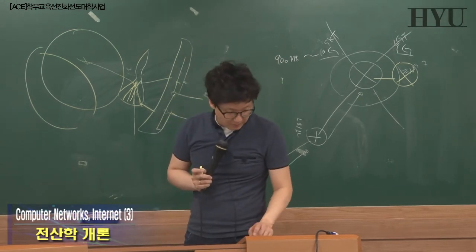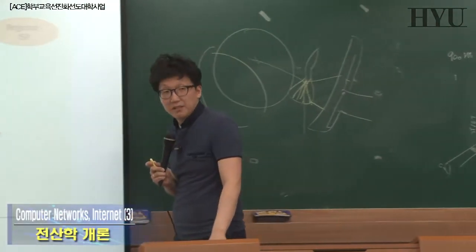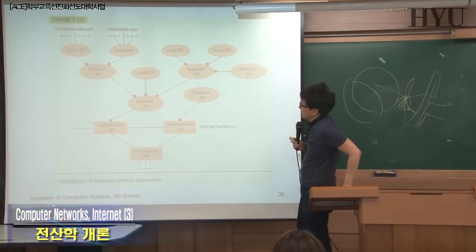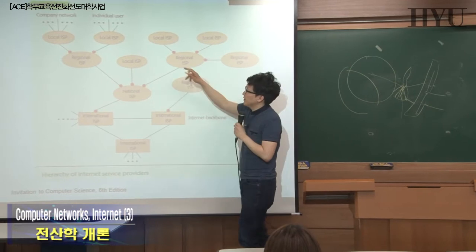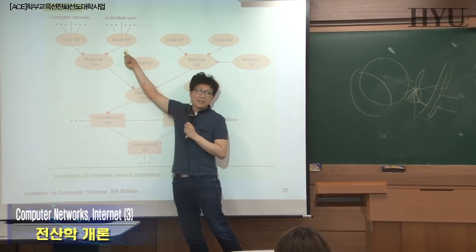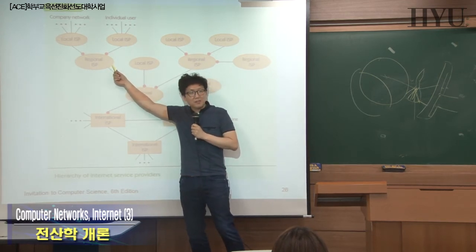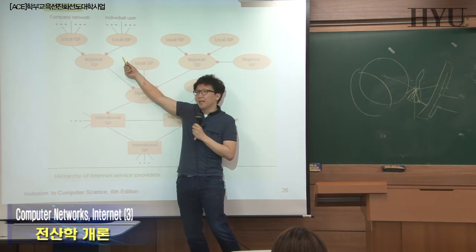I think I'm gonna skip. So if you try to look at how the ISPs are connected to each other in this way, local ISPs buy from the regional ISPs. Maybe KT buys the internet connection from Hong Kong's PCCW. It's another big ISP.